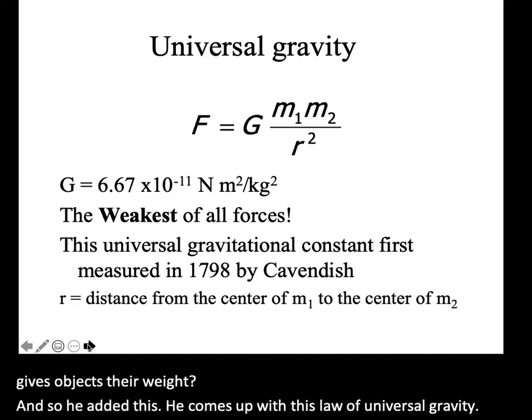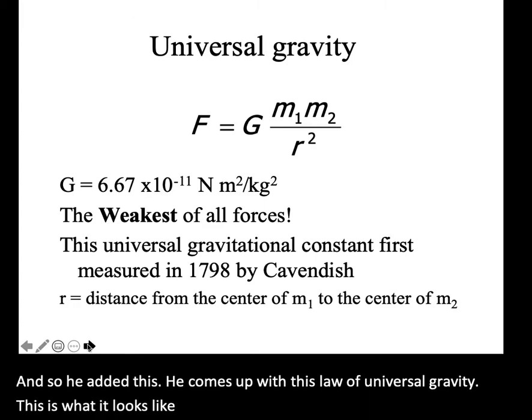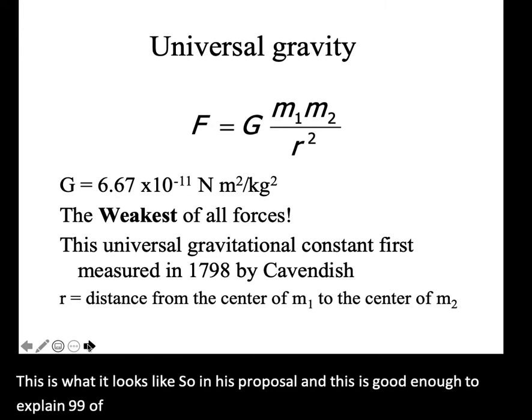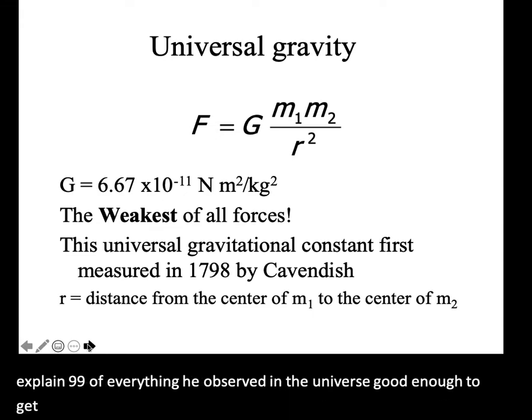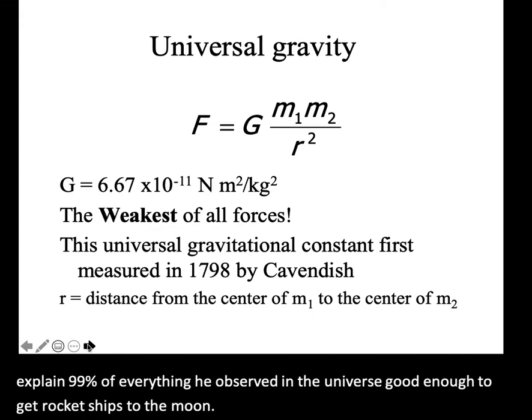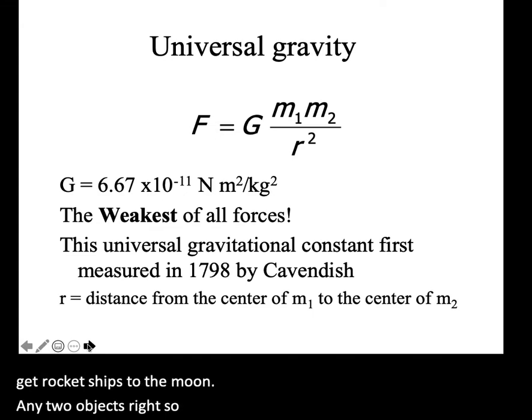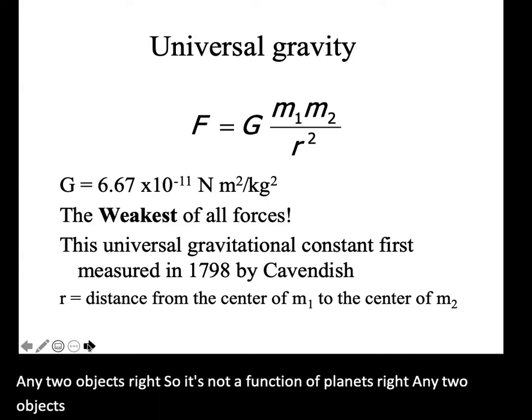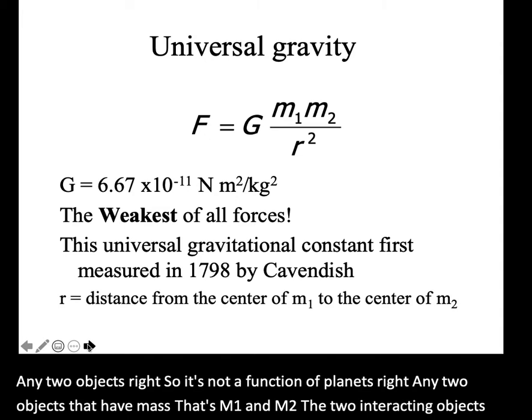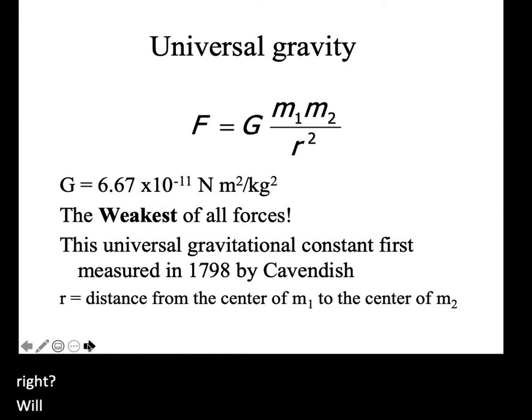And this is what it looks like. So in his proposal, and this is good enough to explain 99% of everything we observe in the universe, good enough to get rocket ships to the moon, any two objects, right? So it's not a function of planets. Any two objects that have mass, that's M1 and M2, the two interacting objects, will experience a force between them, an attractive force.